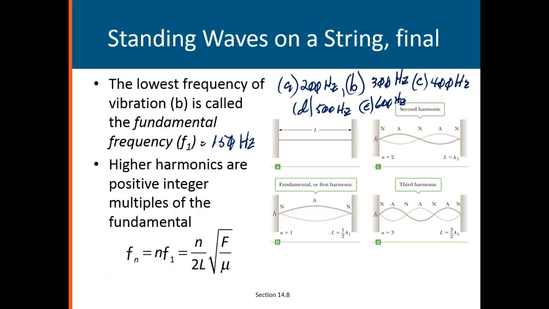You don't show the third harmonic; where would it be? 450. They just don't list it. So B would be the second harmonic, and E would be the fourth harmonic. 450 would have been the third, but they just didn't list it. So let's see what they got. 14.4, B and E. Excellent.